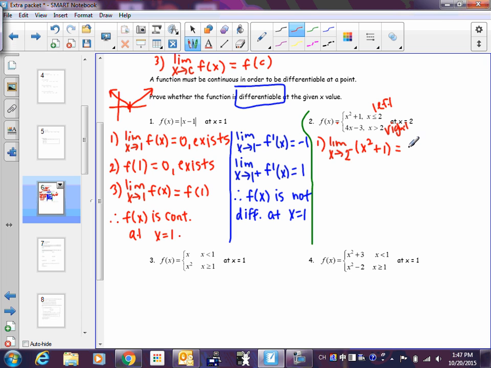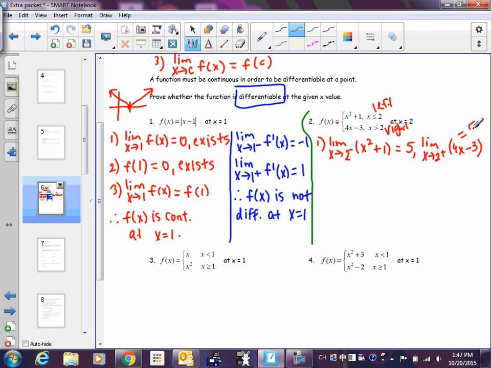So what is the limit as x approaches 2 from the left? What happens when you plug 2 in? 2 squared plus 1, that's 5. What about the right-sided limit?